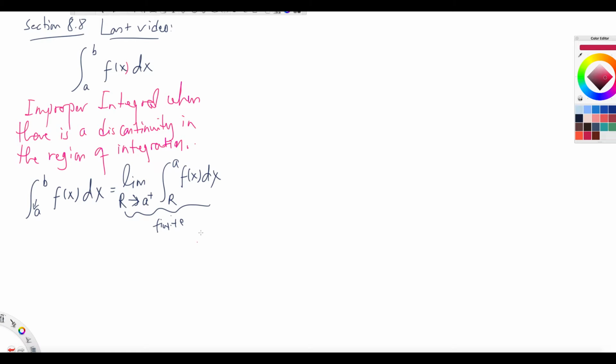Okay, similarly, what is happening here is f of x is continuous in the interval a through b. It is continuous everywhere except at a. In that case, this is how you handle it.